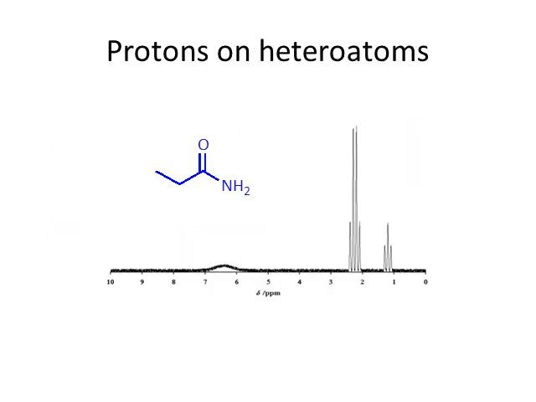And it turns out that protons on heteroatoms, and hetero just means other, and to organic chemists that means stuff other than carbon, so heteroatoms really refers to elements other than carbon and hydrogen. So protons on oxygen, nitrogen, sulfur, phosphorus, boron, those also show up in the hydrogen NMR.